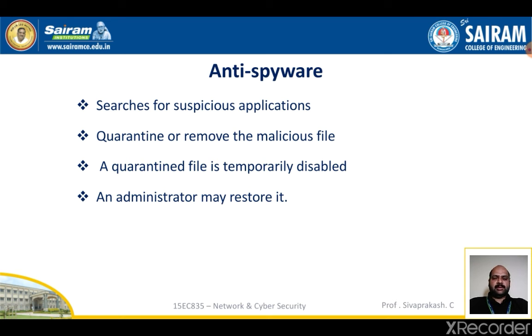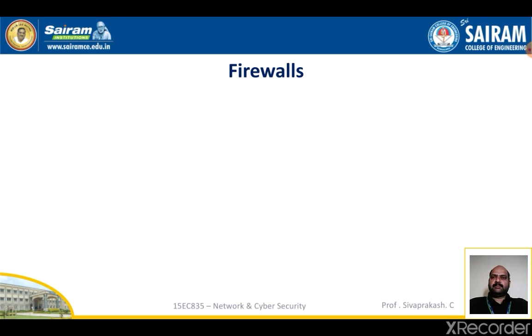Let's see the third one, firewall. What actually is a firewall? A firewall is a system designed to prevent unauthorized access to or from a private network. You can implement a firewall in either hardware or software form, or a combination of both. A firewall prevents unauthorized internet users from accessing private networks connected to the internet, especially intranets.